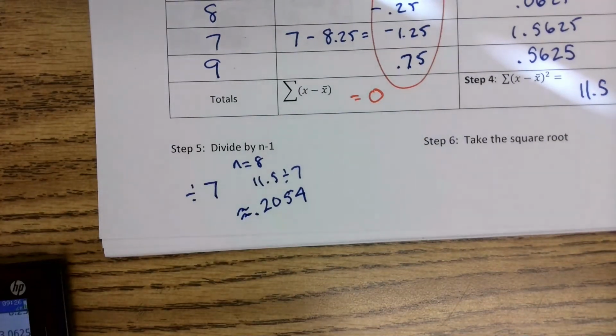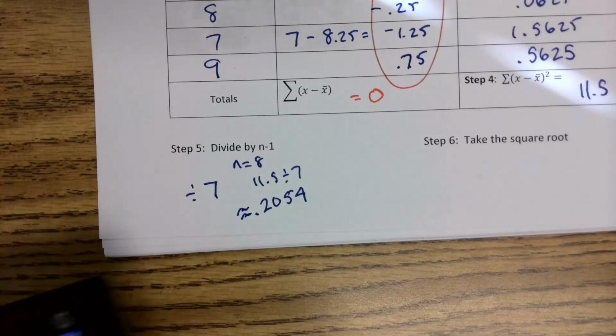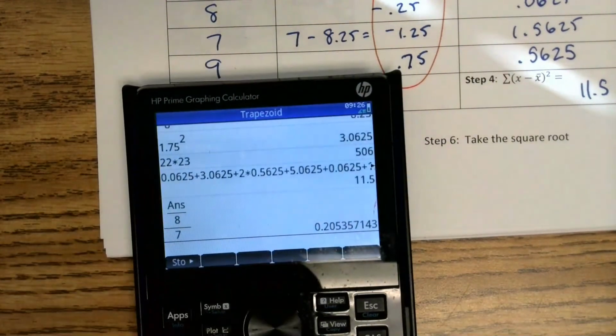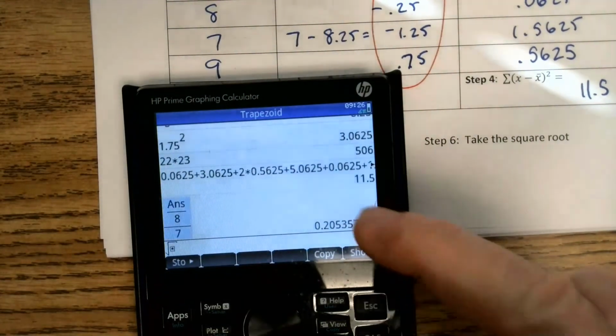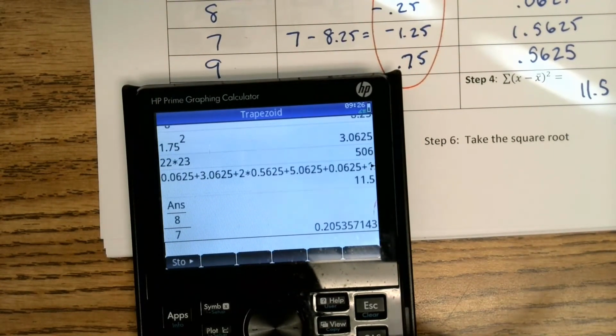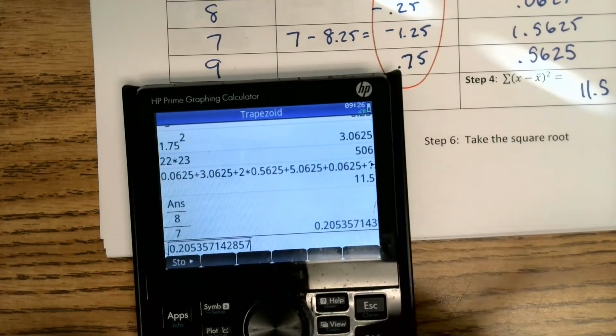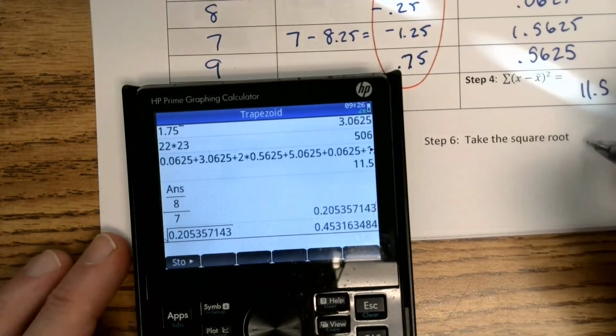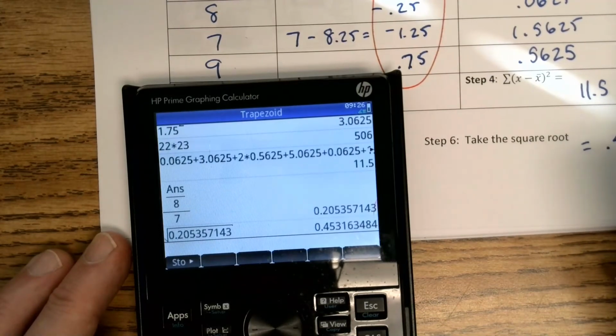And then it says take the square root of that. And that is equal to 0.4532.